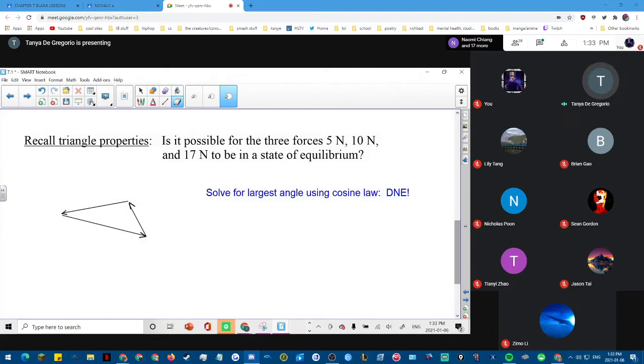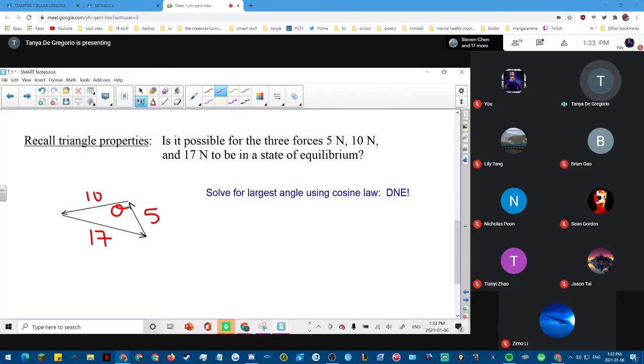All right, recall triangle properties. Is it possible for three forces of 5 newtons, 10 newtons, and 17 newtons to be in a state of equilibrium? So what I want you guys to do here is draw your triangle. I have my first force, which is 5 newtons, and my second force, which is 10. And all you have to do is see if this is possible.